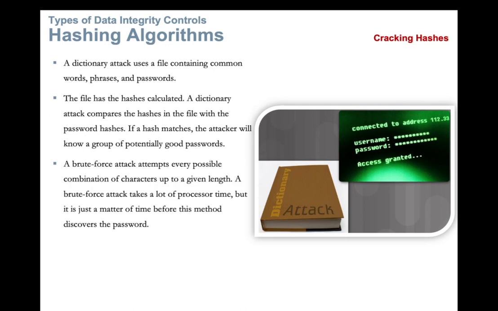So a password needs to be long enough to make the time it takes to execute a brute force attack too long to be worthwhile. Hashing passwords makes it more difficult for the criminal to retrieve those passwords. So this is cracking the hashes in two ways: the dictionary attack and the brute force attack.